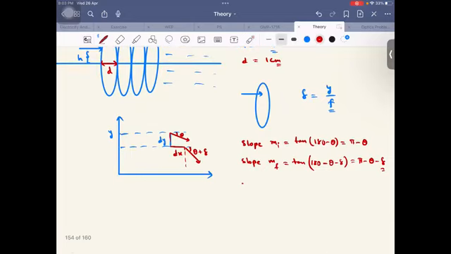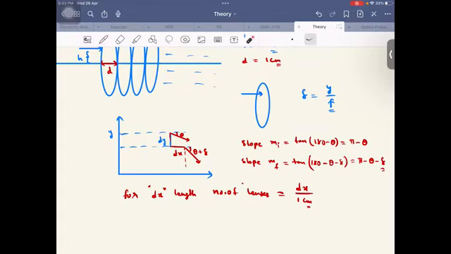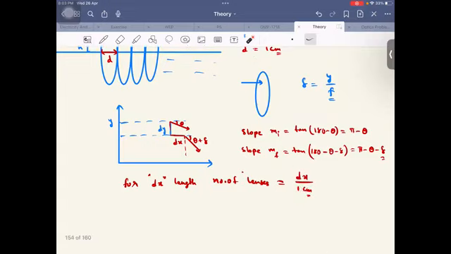So for dx length, the number of lenses can be written as dx by 1 centimeter. One lens means for dx length, that many lenses will be there. Now, what will be the deviation that will be there?